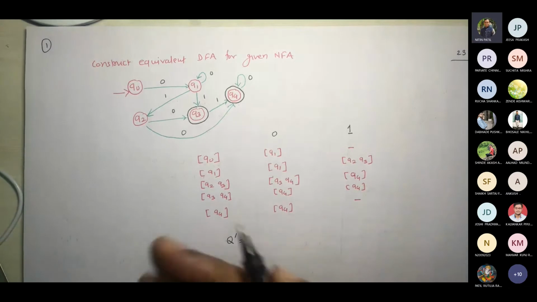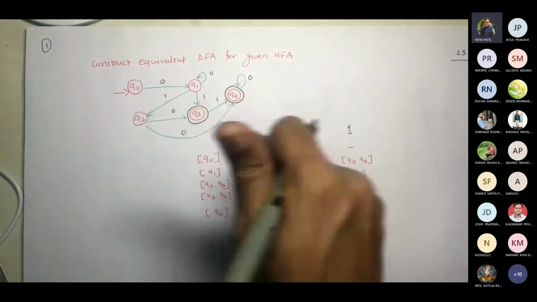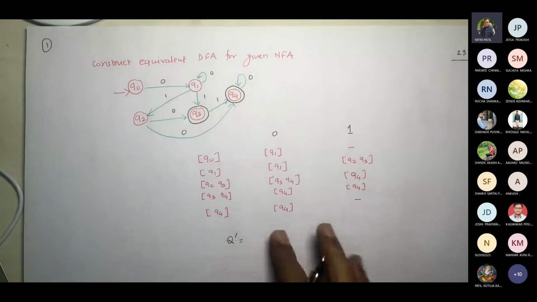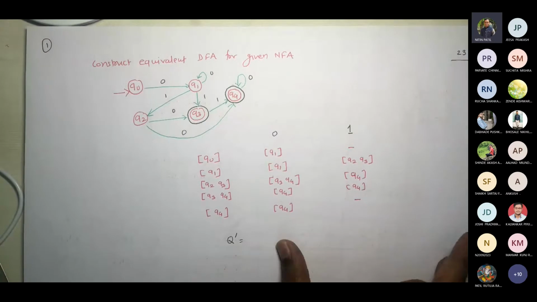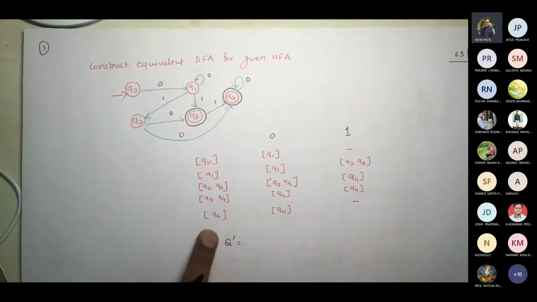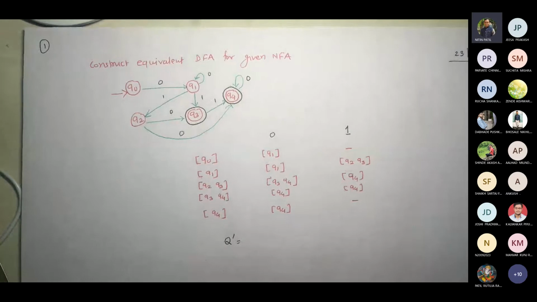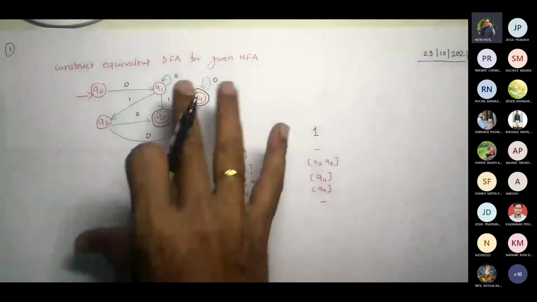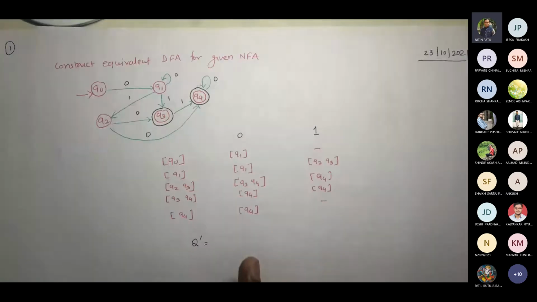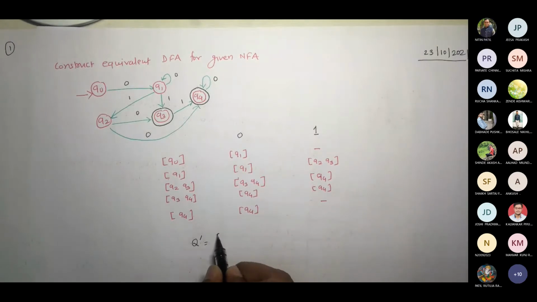Though it is 2 raised to 5, that means 32 states, only these states would actually be used. The other entries may not occur here at all, as there is no transition to them. I will take a smaller example with 3 states later to show how exactly it works. Right now I will write Q dash to be only this.